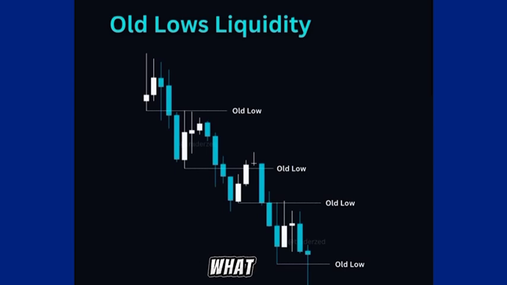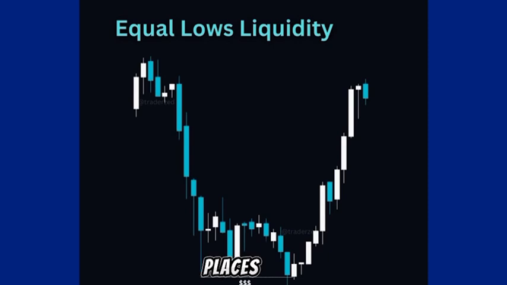Now we have all lows liquidity, meaning liquidity that has taken place before, right? Every time it's going down, you can determine certain places that it gets to, that's previously, not the new one.